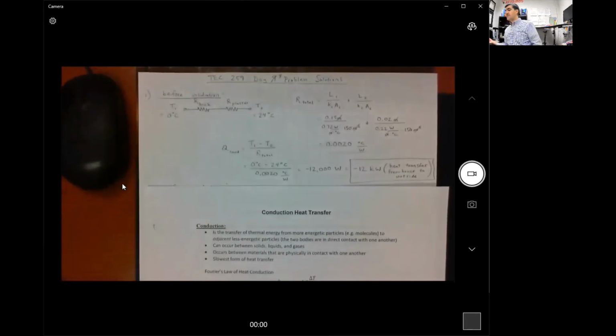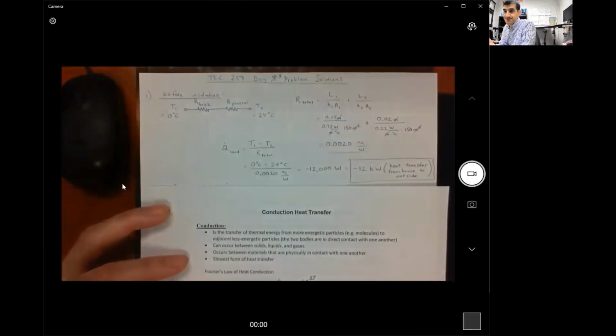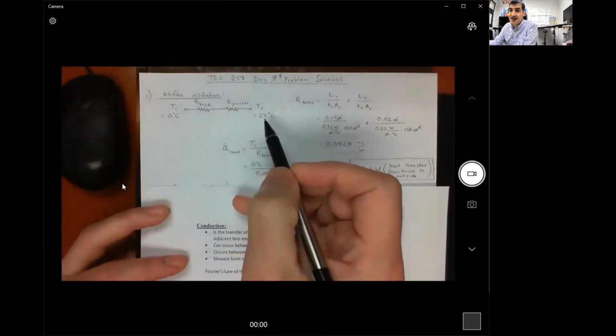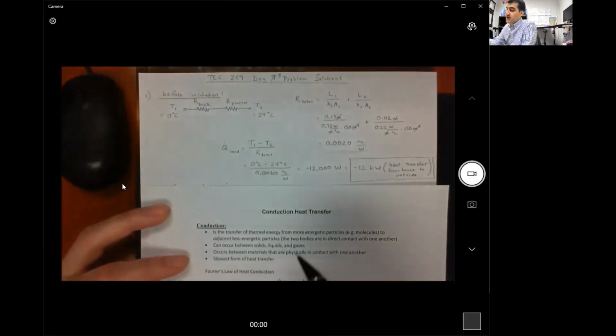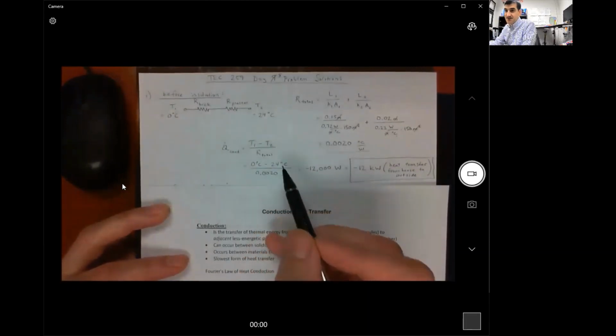If we would have defined the left side over here as being our inside, like at 24 degrees Celsius, and we would have defined over here on the right as being our outside at 0 degrees Celsius, we would have got a positive number because we would have had 24 degrees Celsius minus 0 degrees Celsius.